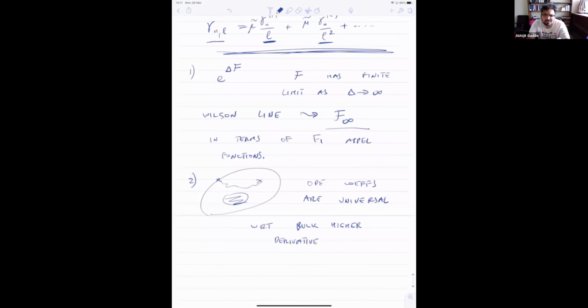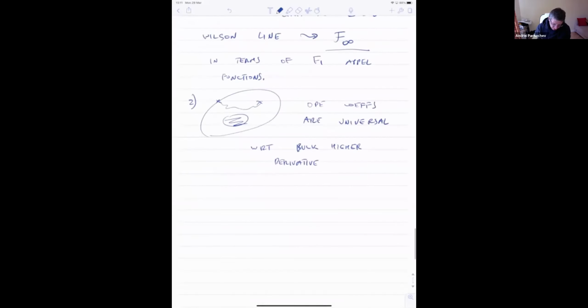Sorry, Andrei, do you have some intuitive explanation about point number 2? Why is it universal? Good. Again, I can say a few things. One is that this corresponds to the leading twist coefficients.